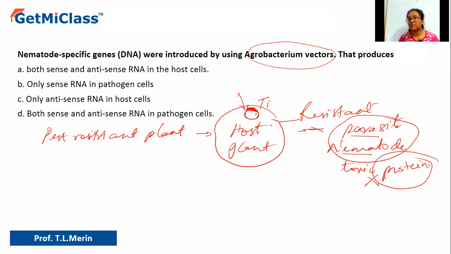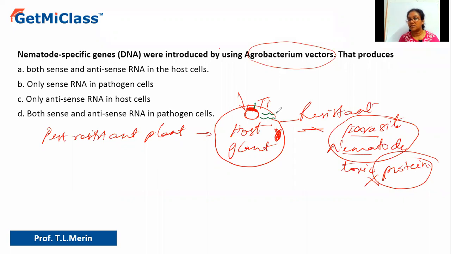So what will it do? When the nematode parasitizes these cells of the host, it will produce its own RNA and form the protein. But the host containing this Ti plasmid, with our gene of interest, will produce two strands, the sense strand and the antisense strand of the mRNA for this particular protein.